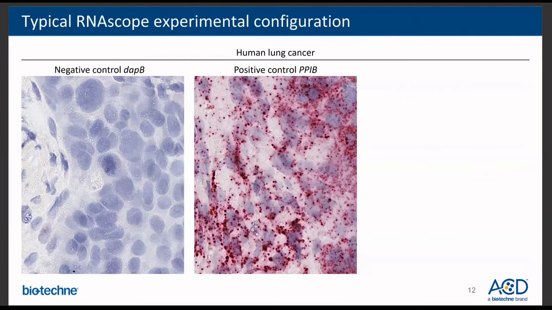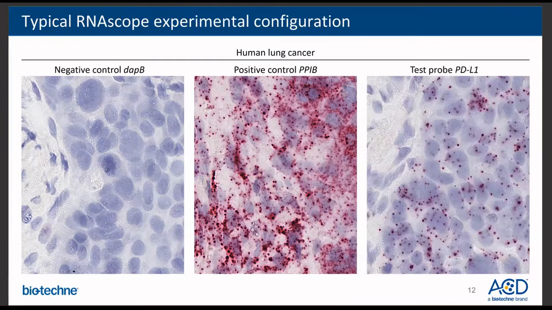So with the results from these two probes, we can go into our test probe, which in this case was the PD-L1 probe, for the programmed checkpoint marker programmed death ligand 1. In this human lung cancer sample, we observe strong punctate dots with PD-L1, indicating expression of PD-L1 in this tumor sample.